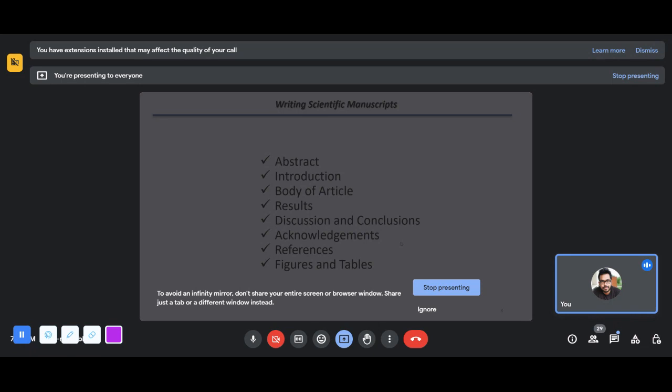In that way, let's say you have finished. You and your supervisor feel that the work is more or less complete. Now you should write a paper and communicate it to the scientific community so that all can see. The process to get a paper published is not that easy.